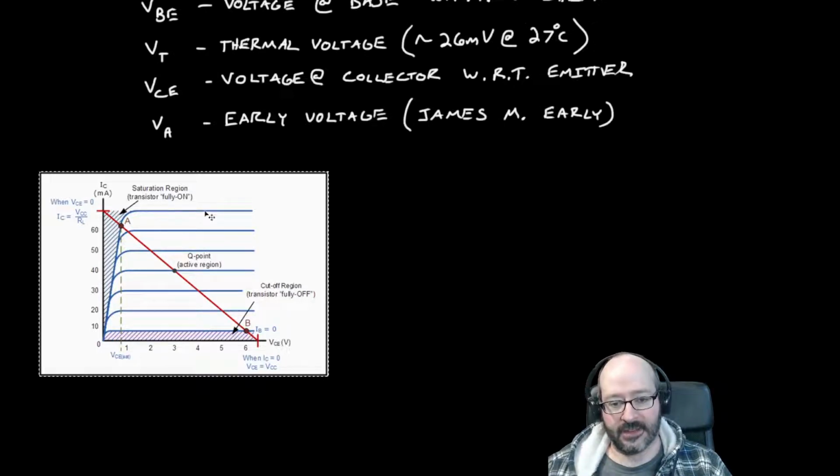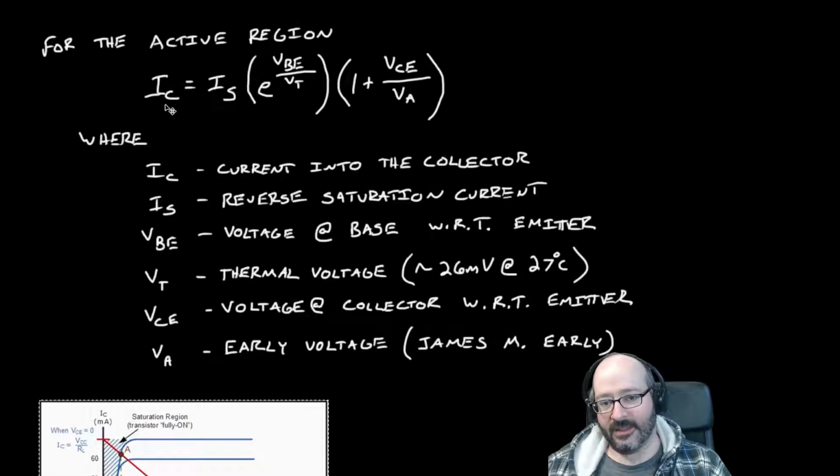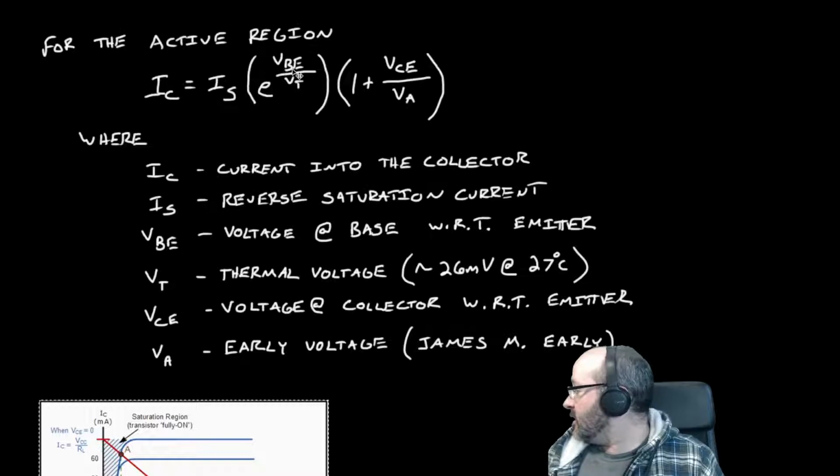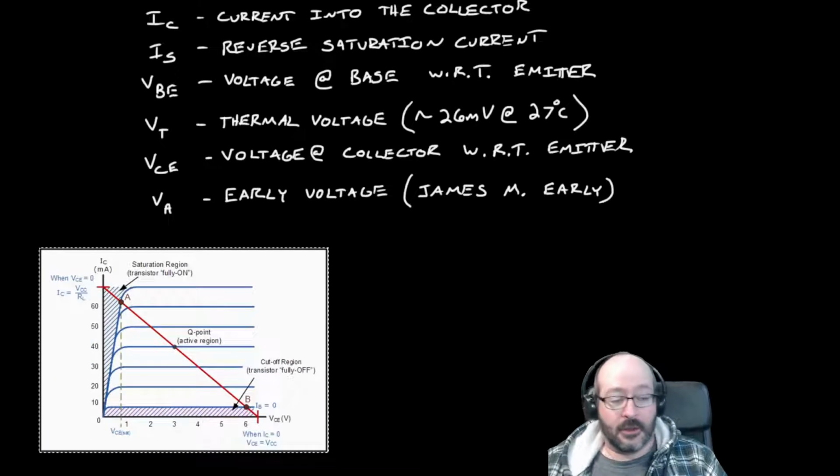Okay, so we have these multiple curves going up like this, but what does that really mean in terms of calculating the collector current based off of the base emitter voltage and the collector emitter voltage? So let's see what that looks like.